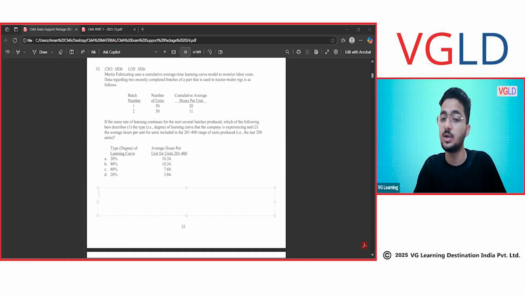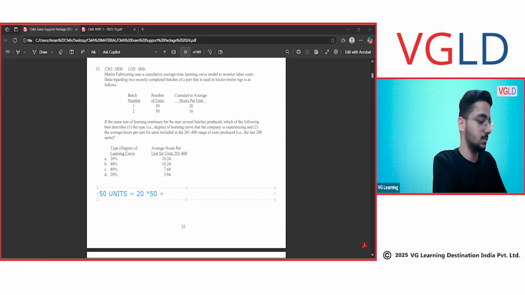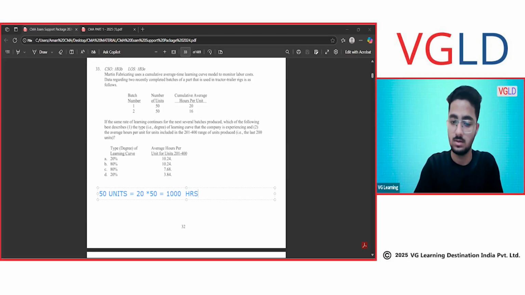It is average per unit given, and in the first batch of 50 units, 20 per unit is given. So 20 multiplied by 50 is 1000 hours.